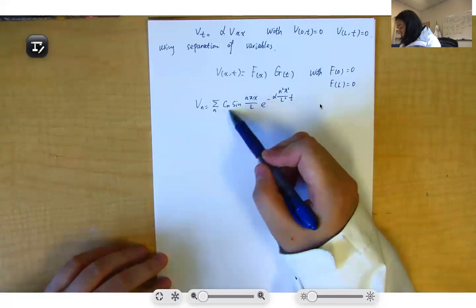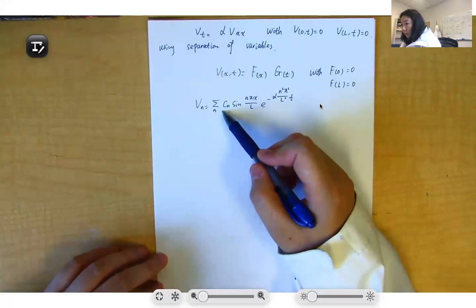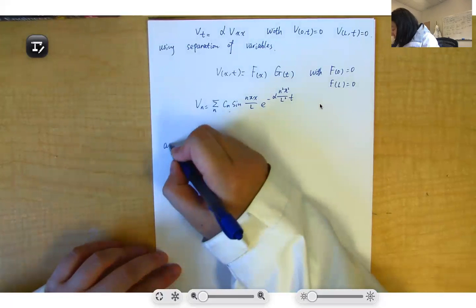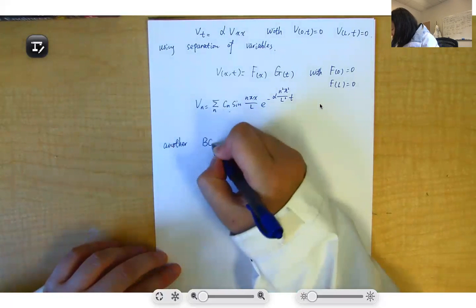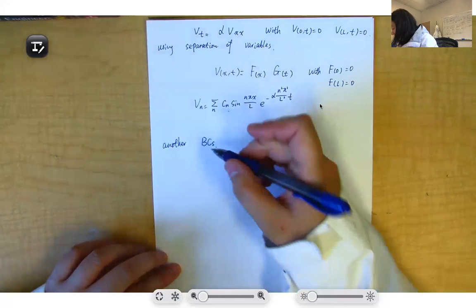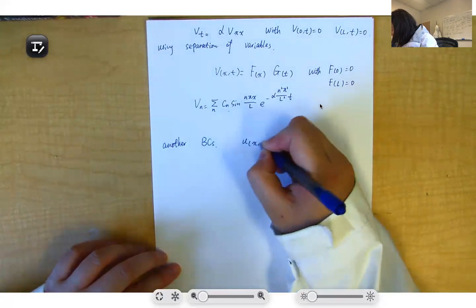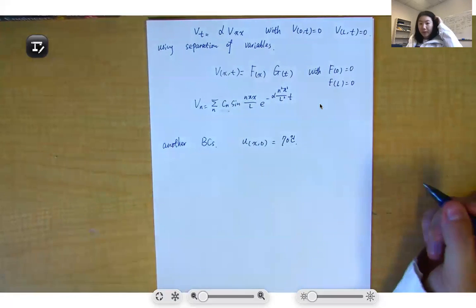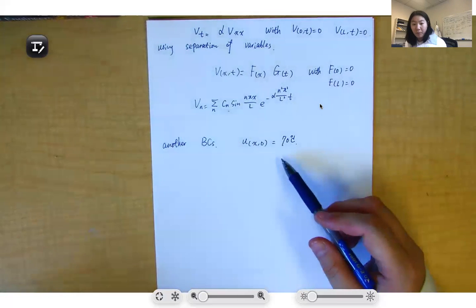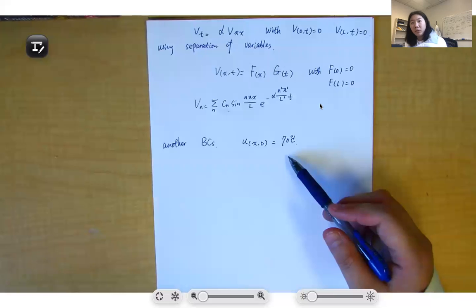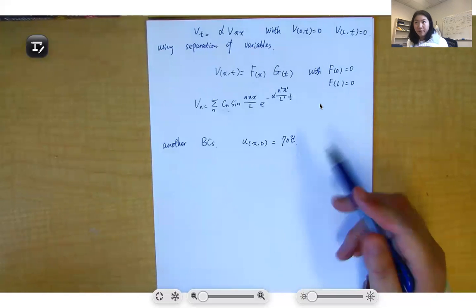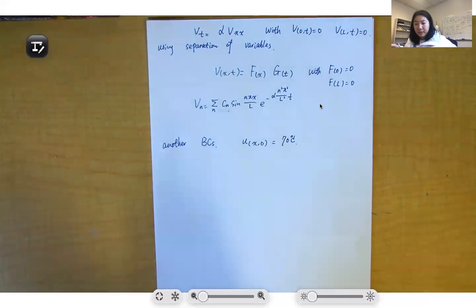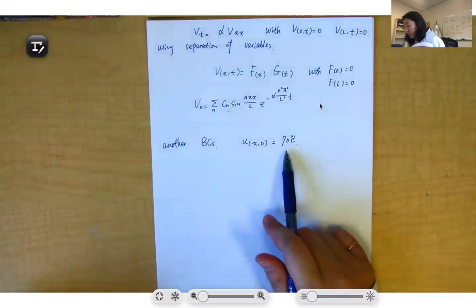In order to figure out the coefficient, we have to use another condition we haven't used so far: U(x,0) equals 70 degrees Celsius. This is also an initial condition.